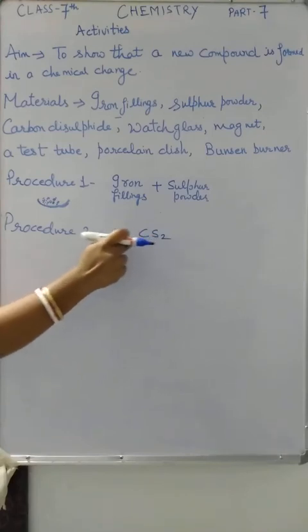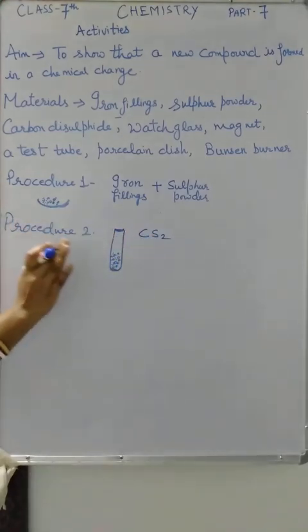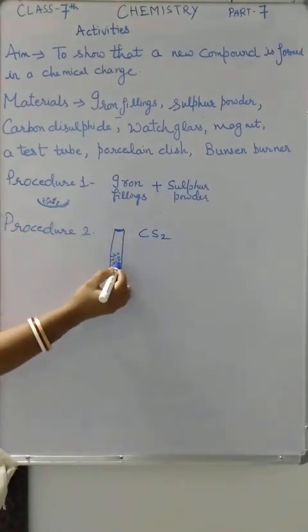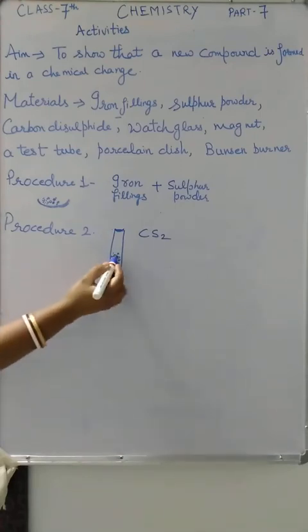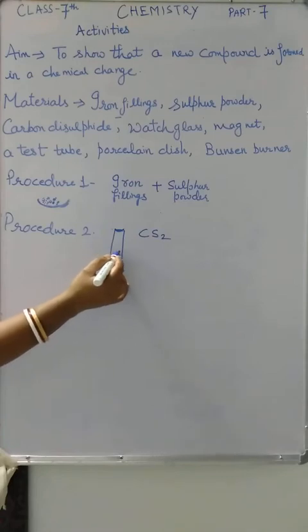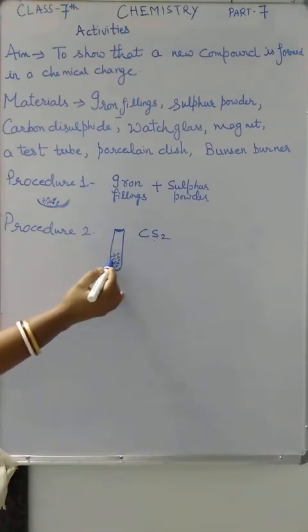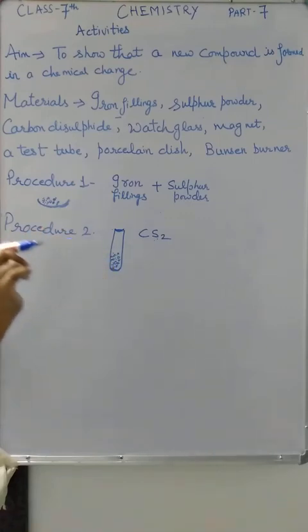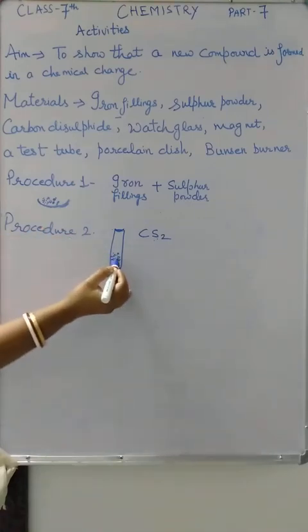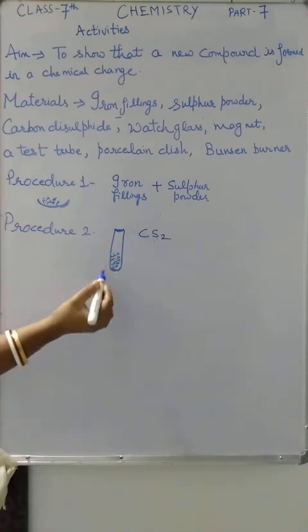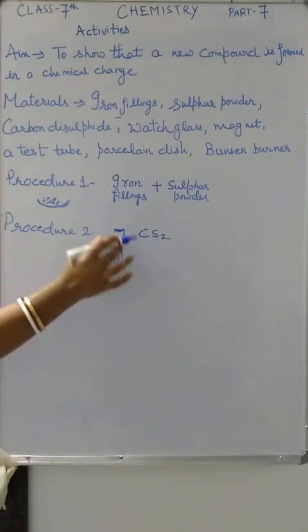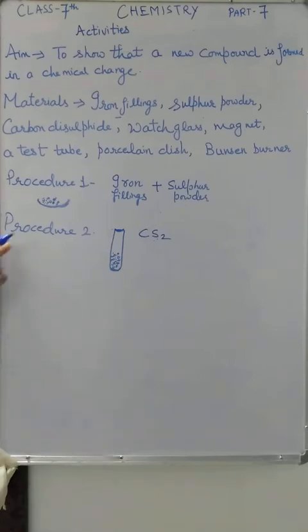So what you will see is that only the sulfur powder will get dissolved in carbon disulfide, but the iron filings will not dissolve. So the sulfur powder is not losing its property. No new substance is formed in this also. So this was your procedure number 2.